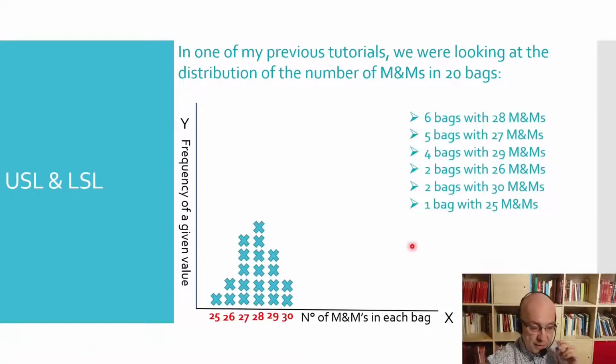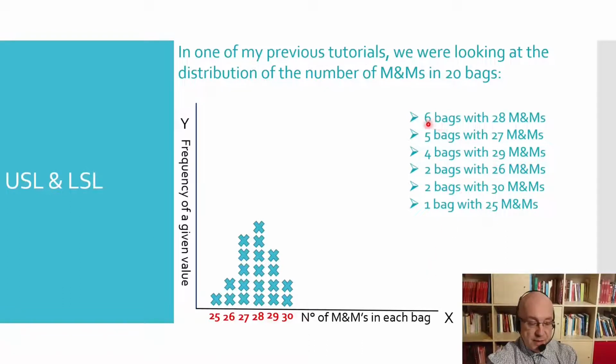In one of my previous tutorials, we were looking at the distribution of the number of M&Ms in 20 bags. This is the graphical representation of that distribution. It is a histogram. We can briefly summarize how this histogram was built up.